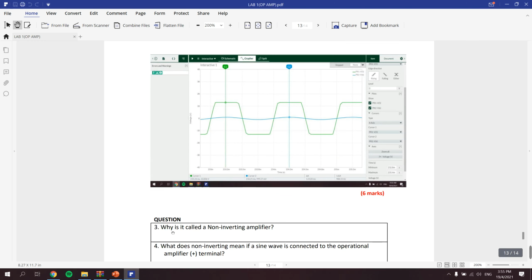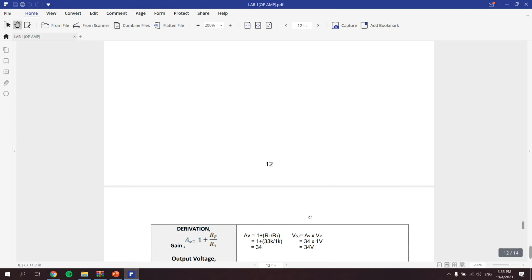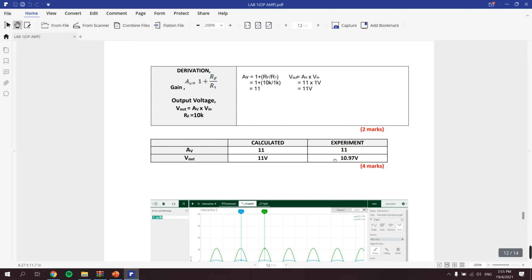For discussion, we have proven that the output and the input are what we're supposed to get. Through this calculation, we got the same experimental value as we wanted.